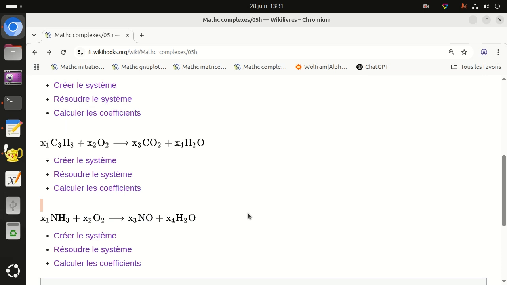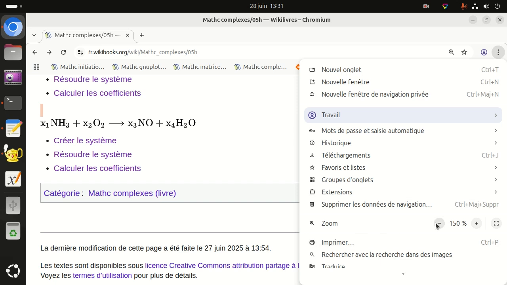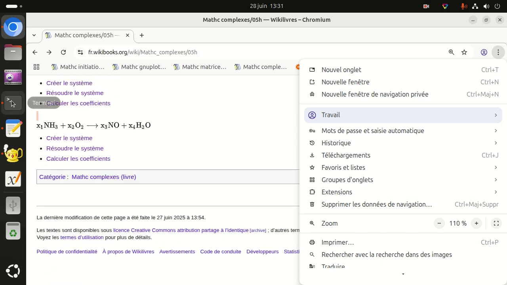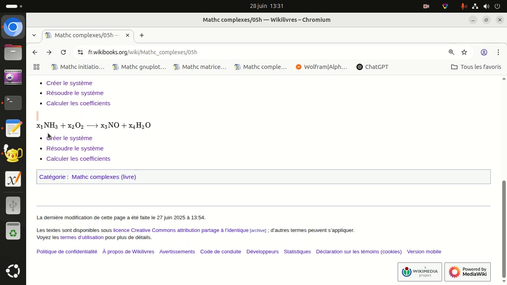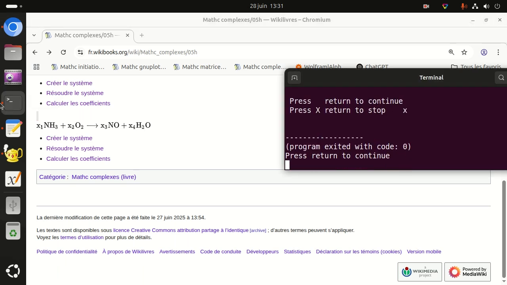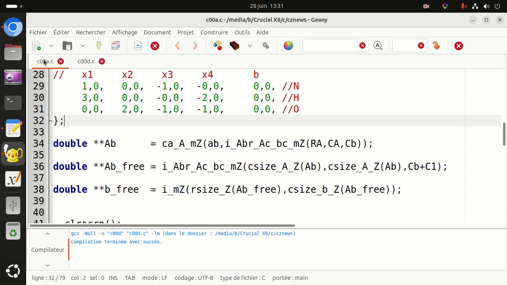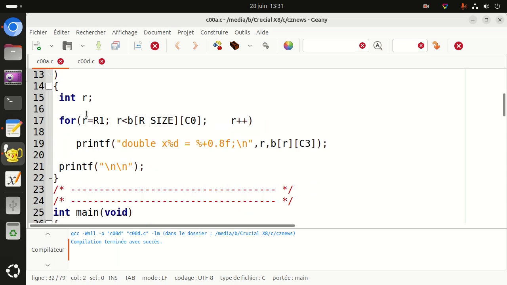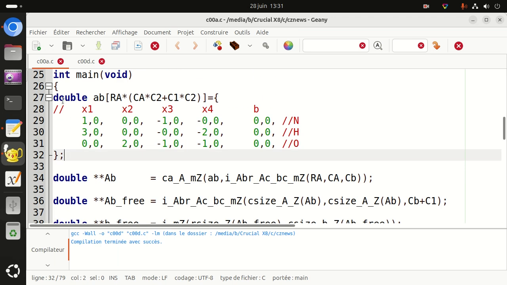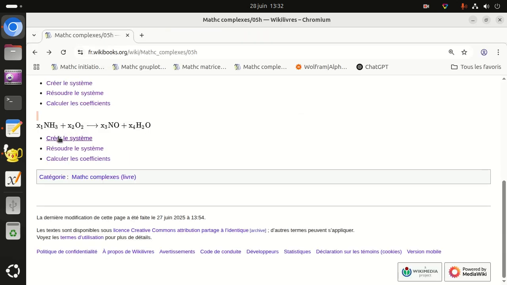Oui. Ok. Donc, I have introduced my linear system of equations with this part.